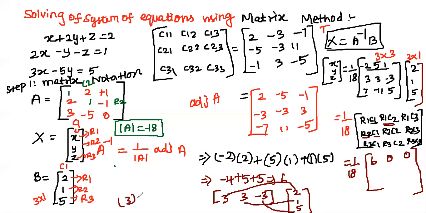So it's 3 into 2 plus 3 into 1 plus of minus 3 into 5. 3 2s are 6 plus 3 into 1 is 3 minus 3 into 5 is 15. So it's 9 minus 15, which is minus 6. So minus 6 will come here. Understood? Yes, ma'am.